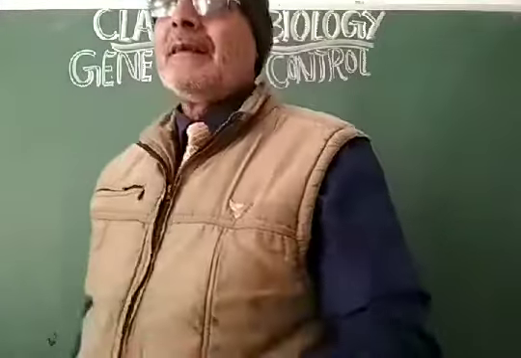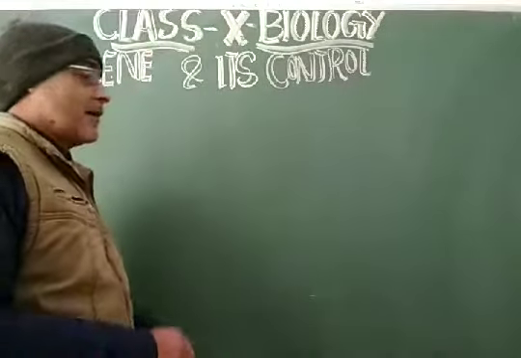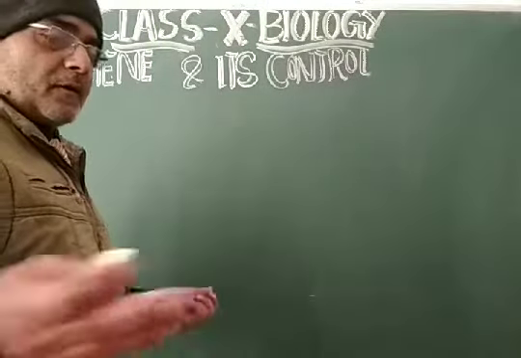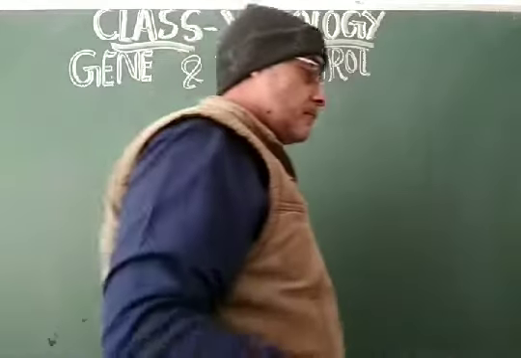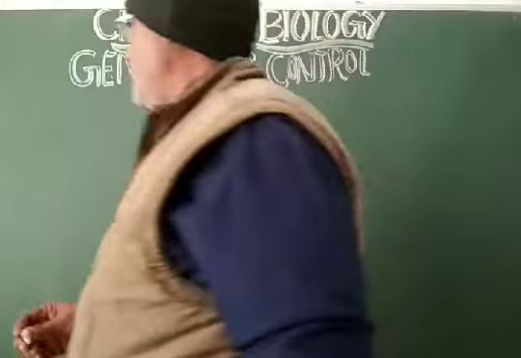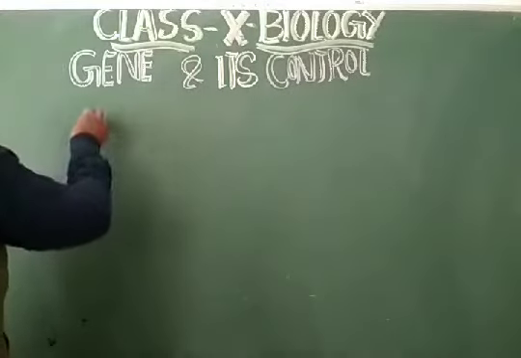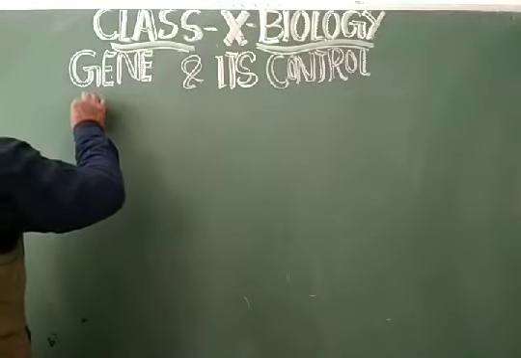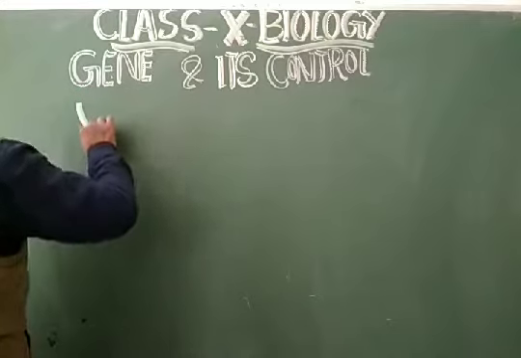Dear students, let us see the structure of the DNA or chromosomes. In several books you will find that the chromosomes have different types of genes present. So students, see the structure of the chromosomes.